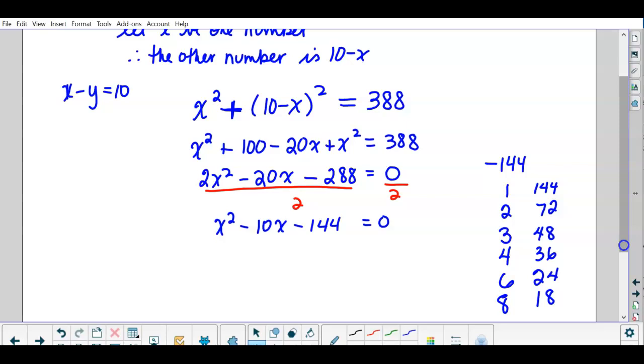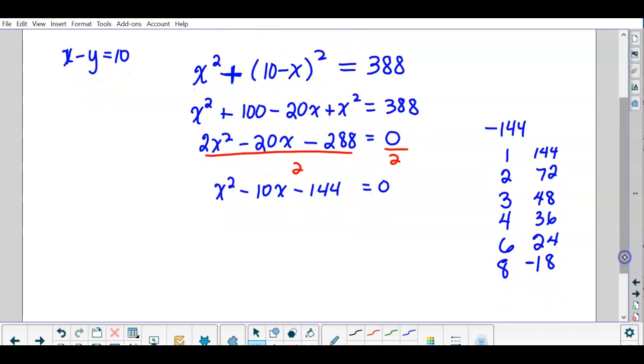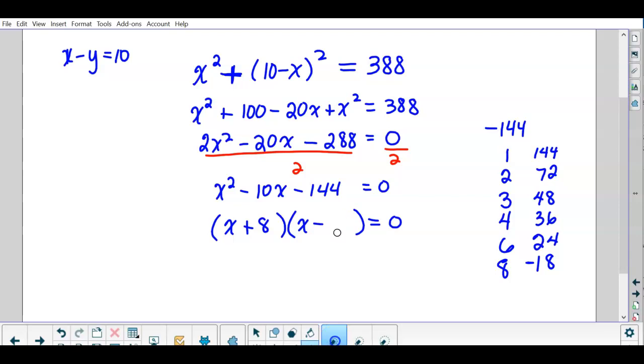We need negative 10, so the bigger one has to be negative. Your solutions to this are negative 8 and positive 18.